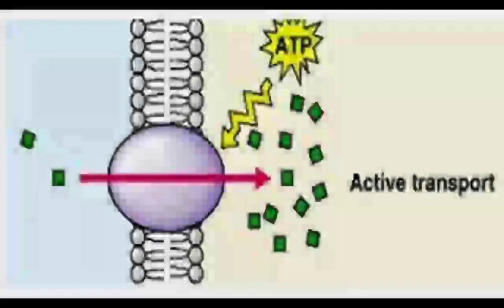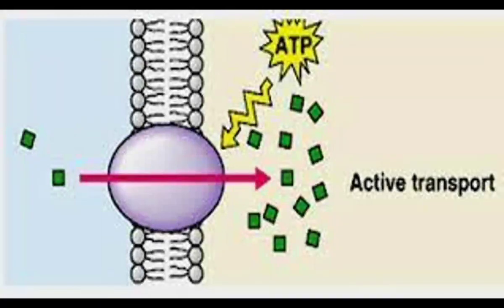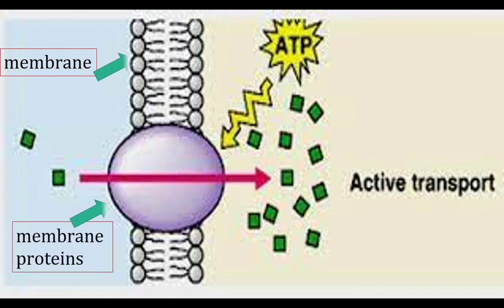Active transport involves membrane proteins. You know what is cell membrane? It is a plasma membrane. Here the picture shows the plasma membrane. The plasma membrane has membrane proteins. These proteins help the transport of substances from lower concentration to higher concentration.